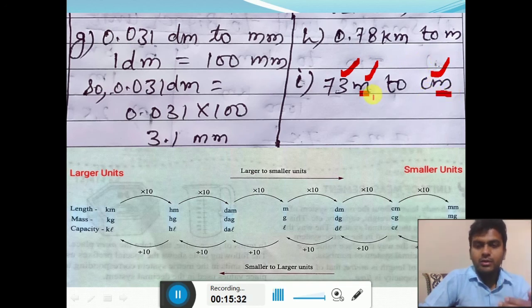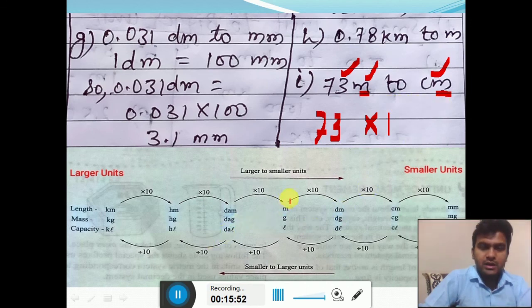So what we have to do? We have to multiply this given number 73 by which number? So you just write down 1 here. Now we will find out how many centimeters are in 1 meter. Just move the jumps. How many jumps? 1, 2. So to reach from meter to centimeter, 2 jumps.